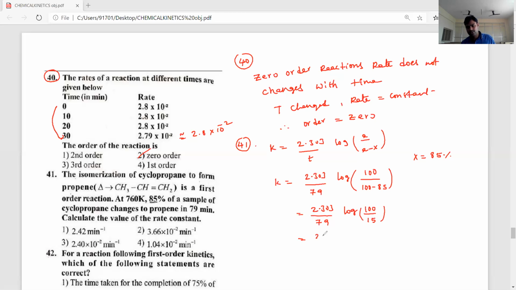This is nothing but 2.303 by 79 into log a by b, which is log a minus log b. Log 100 value is equal to 2, minus log 15. Log 15 value is log 5 plus log 3.